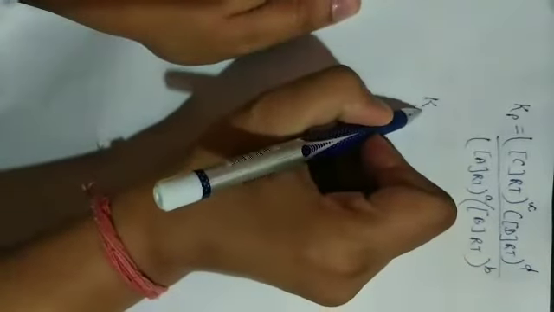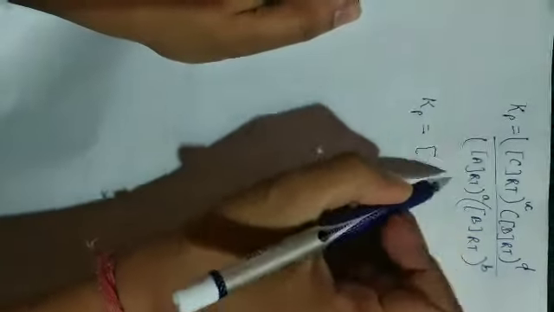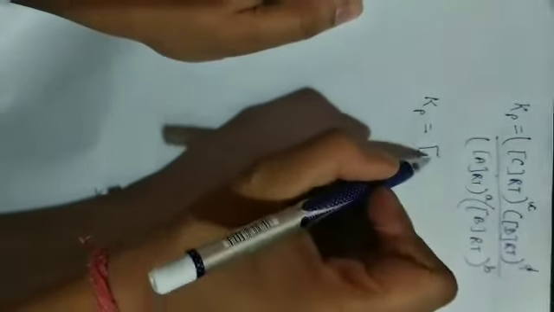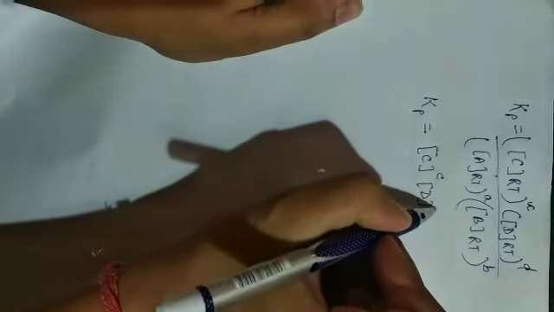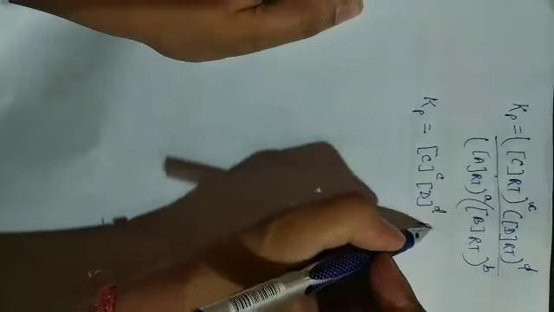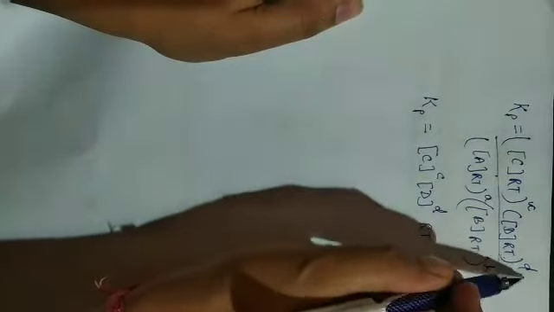So on rearranging this equation, what will we get? Kp will be equal to, taking the common terms outside, concentration of C to the power c into concentration of D to the power d, and here RT to the power c and RT to the power d.